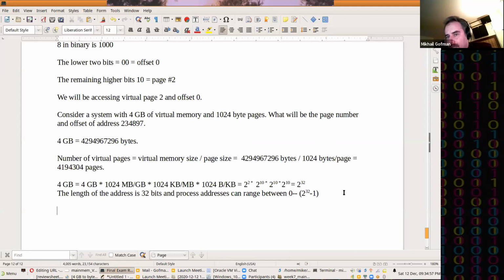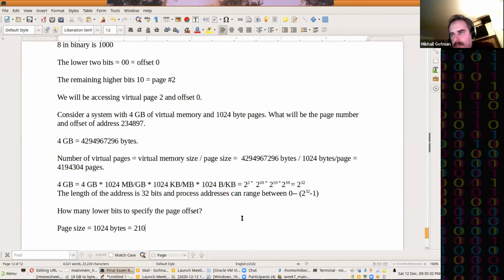Now, how many bits to specify the page offset? How many lower bits to specify the page offset? Well, the page size is equal to 1024 bytes, and we have already figured out that 1024 can be rewritten as 2 to the 10.